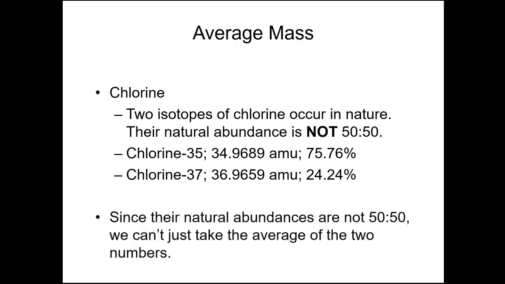So the natural abundances are not 50-50, so I can't just take the average of those two numbers, 34.96 and 36.96. I have to do what's called a weighted average.